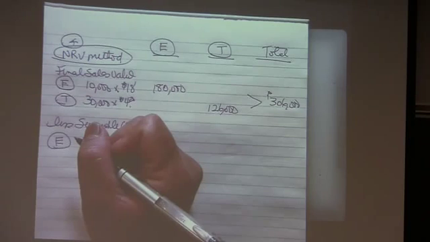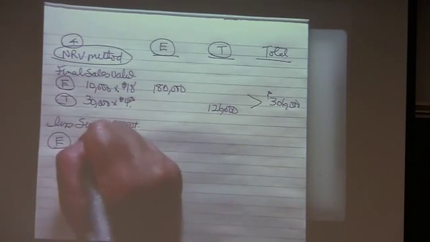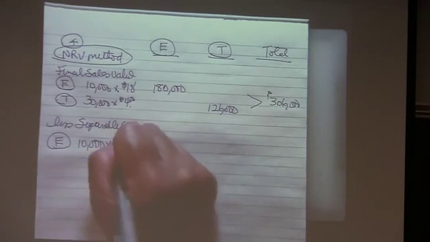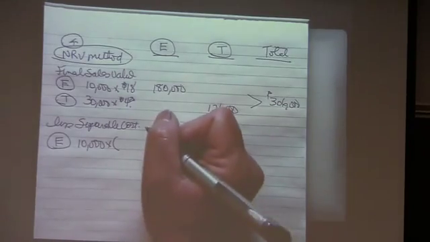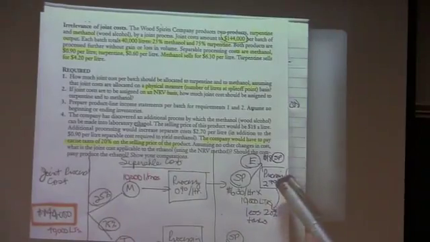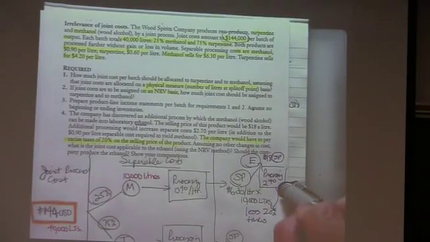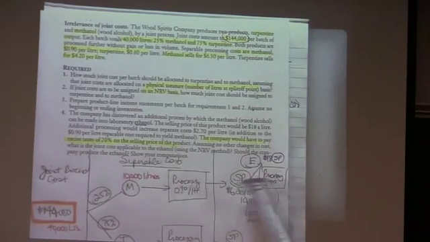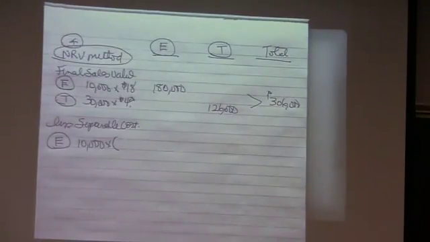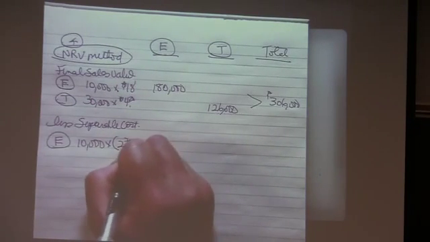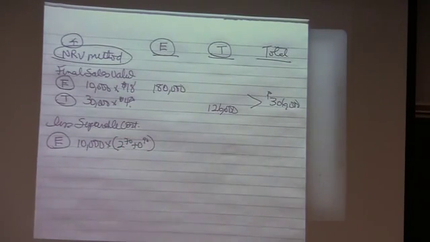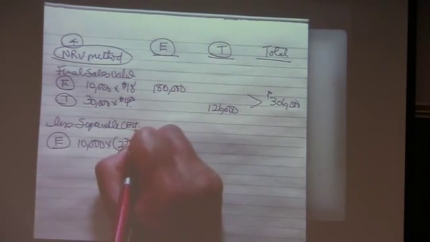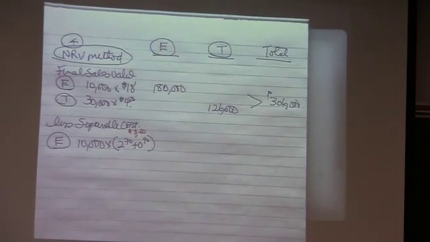And we know that ethanol is 10,000 times the sum of the separable cost of $2.70 plus the 90 cents. Okay, so 2.70 plus 0.90. By the way, this is $3.60. That's the sum of that.